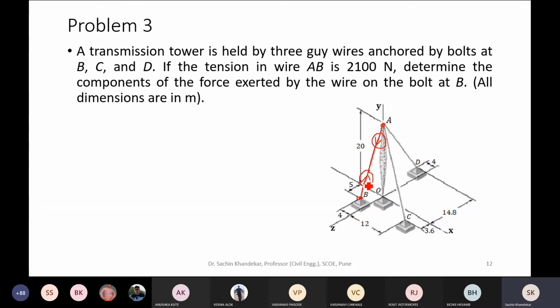Now out of these two, which direction do we have to consider, from B to A or A to B? That depends upon what has been asked in the problem.